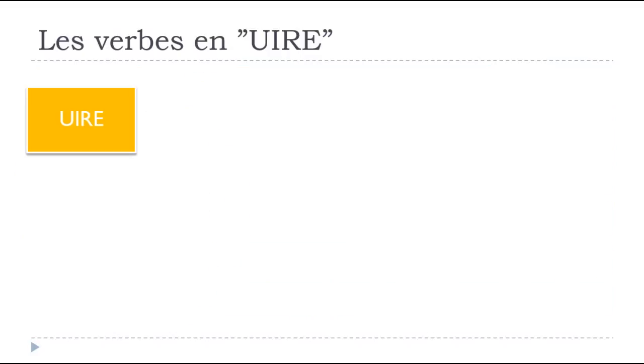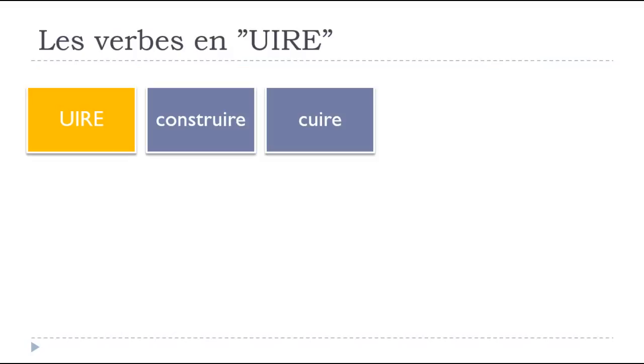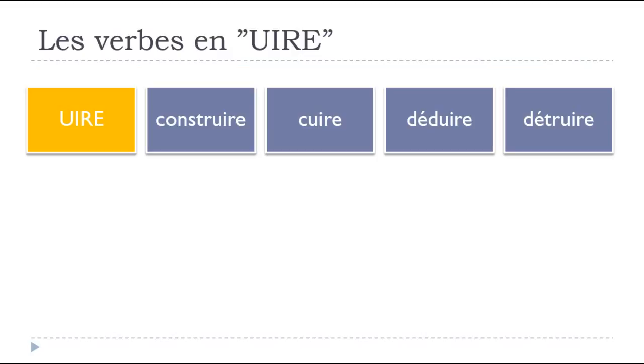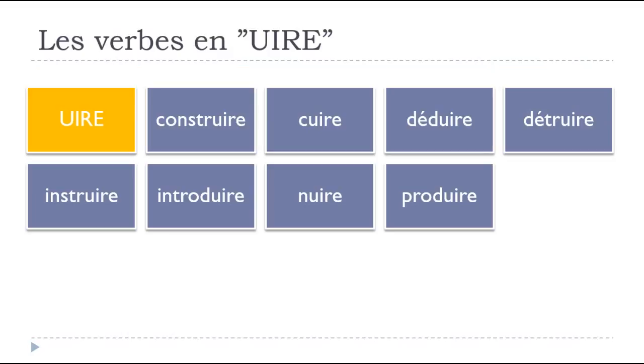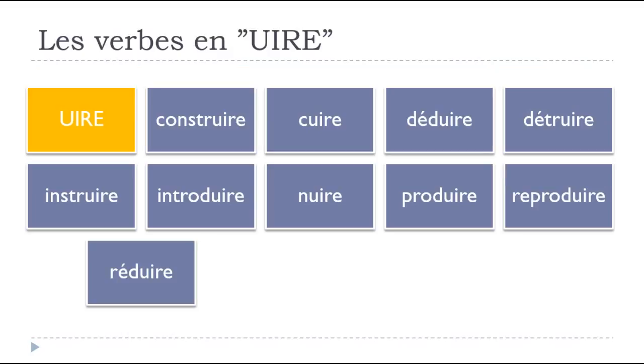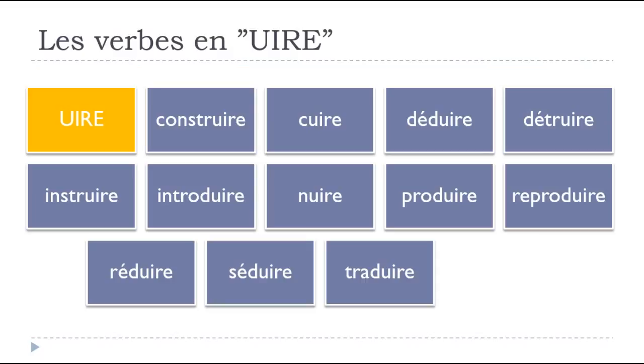So we'll see now the other verbs that will actually be conjugated like conduire. Construire, cuire, déduire, détruire, instruire, introduire, nuire, produire, reproduire, réduire, séduire, traduire, and few others.